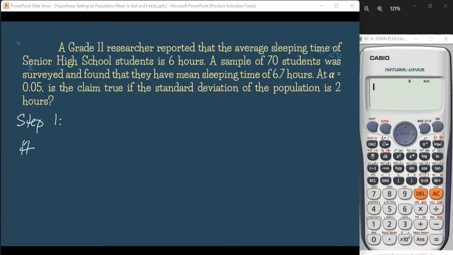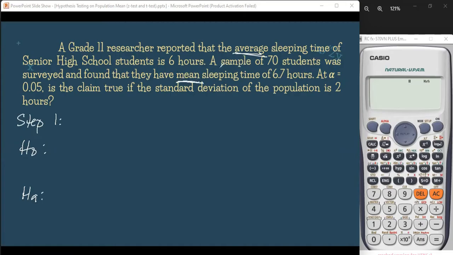We need to formulate both the null and alternative. So, sabi po natin, ang null and alternative hypothesis ay kailangang nagre-represent sa population parameter. So, ibig sabihin, si average, kailangan na dinidescribe nyo yung population. So, we have two averages here because average and mean are just both average.